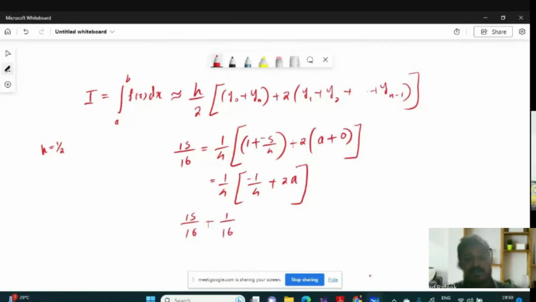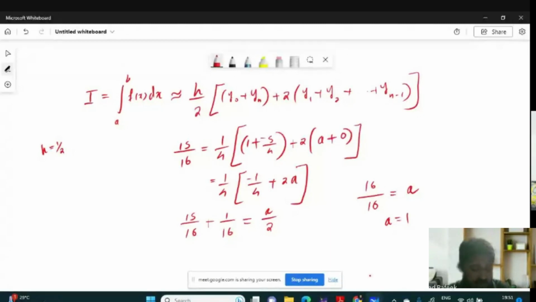It becomes 16 equal to a by 2, a equal to 1. Correct? Any mistake I did? No, no, right?